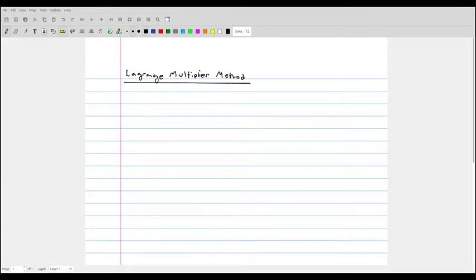And really, this is a very convenient method of essentially taking a constrained optimization problem and turning it into an unconstrained optimization problem.